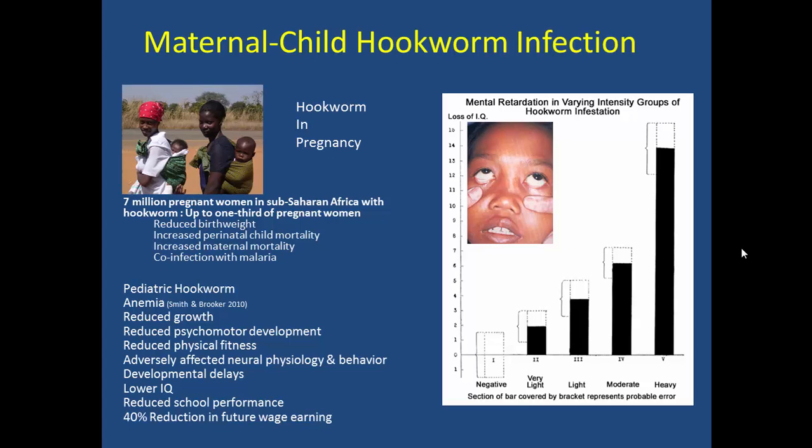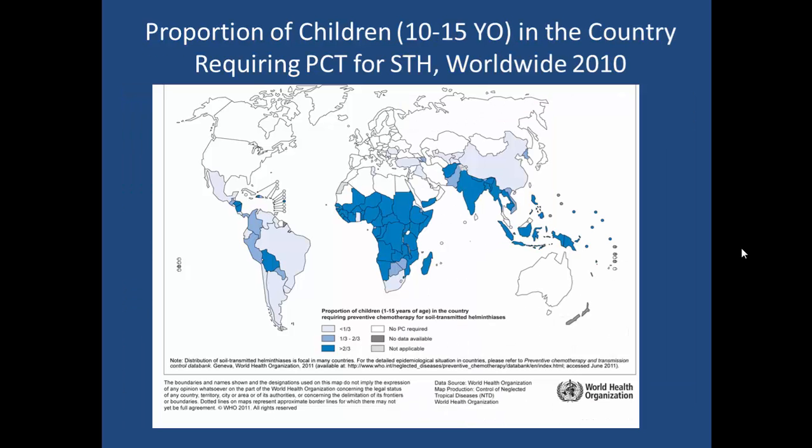A 40% reduction in future wage earnings has also been shown in some studies. Even so, if the child is treated early on and regularly, so the infections don't become severe, it can reduce the problems. But if they have severe infections throughout early childhood, it can have long-term effects.